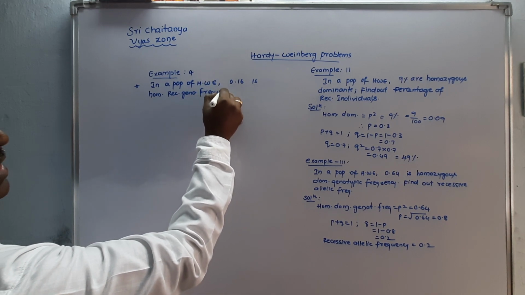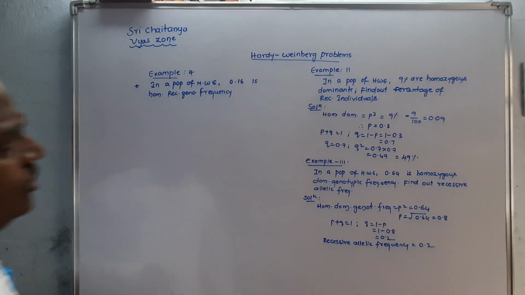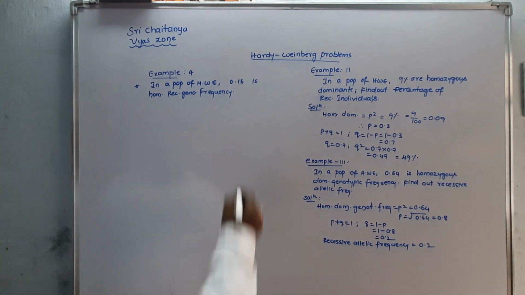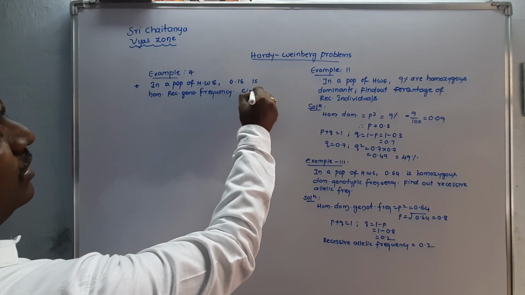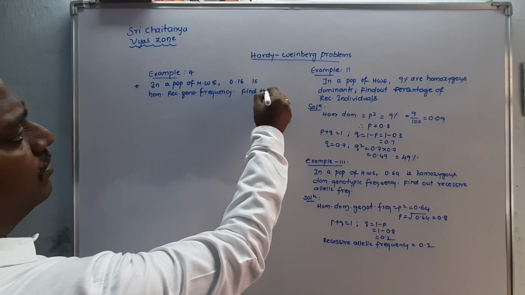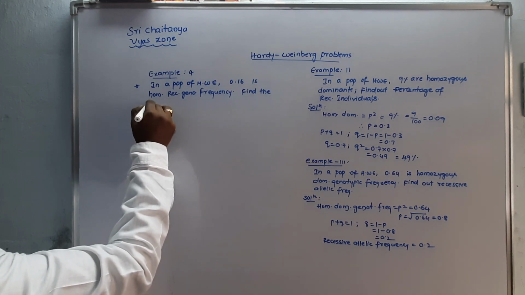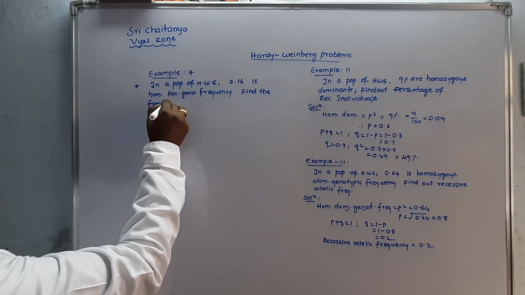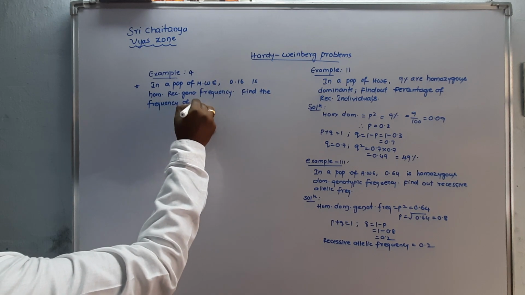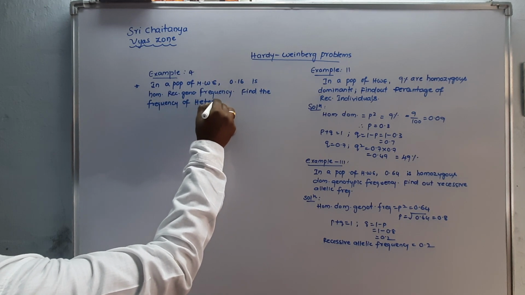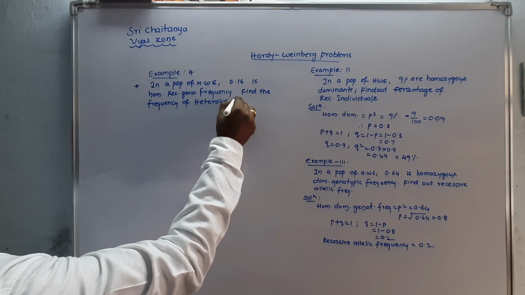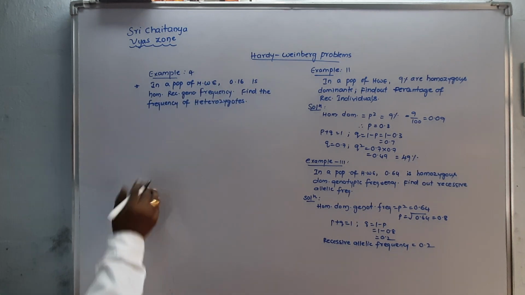What is its frequency, Nana? The homozygous recessive genotypic frequency is given. Then find the frequency of heterozygotes.